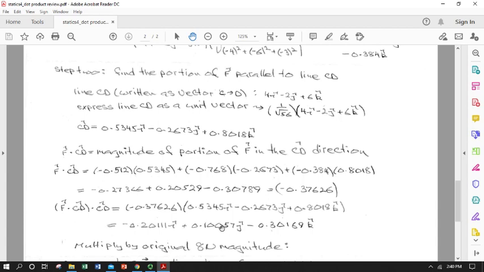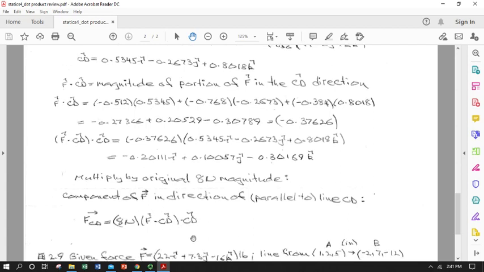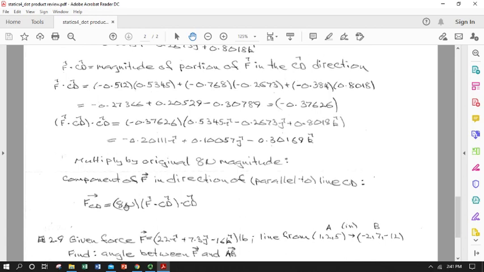And so here's the portion of my 8 newtons, which direction it's going. So I multiply this by 8 newtons. It's 8 newtons times the portion of F hat that's in the CD direction times unit vector CD. That gives me what I need.